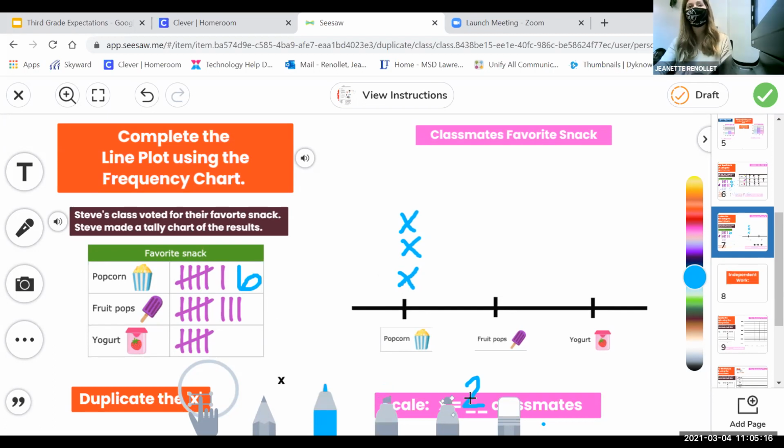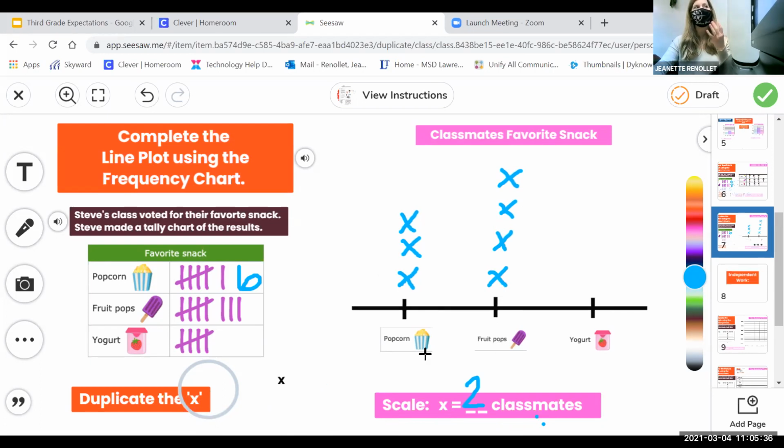If each X equals 2, you can skip count by 2s to get there. Fruit Pops, you should have 2, 4, 6, 8. If each X equals 2 people, you should have 4 X's because there are 8 students who voted for Fruit Pops.